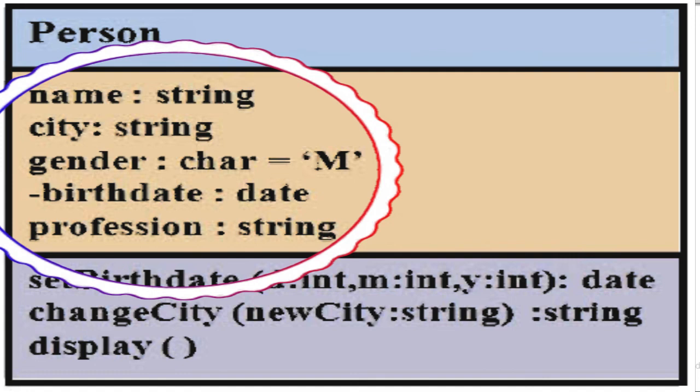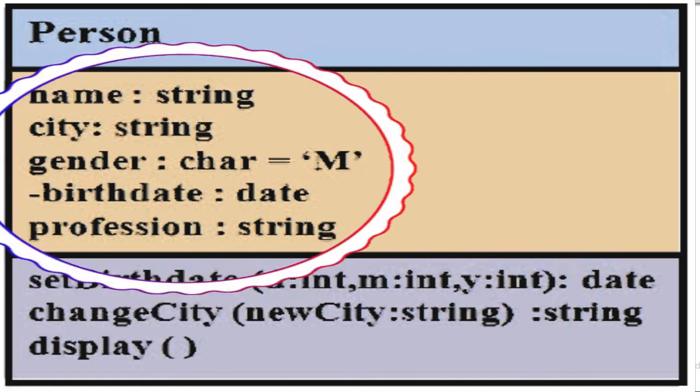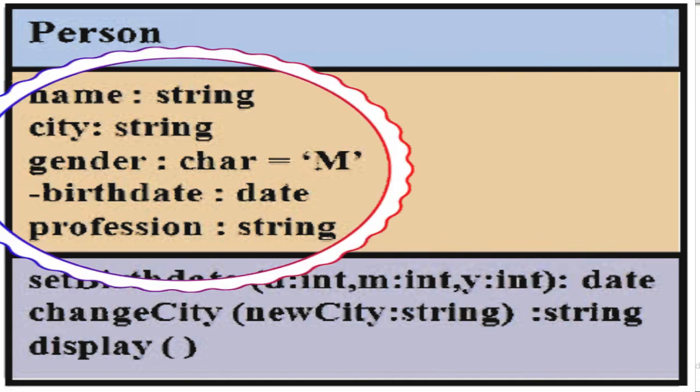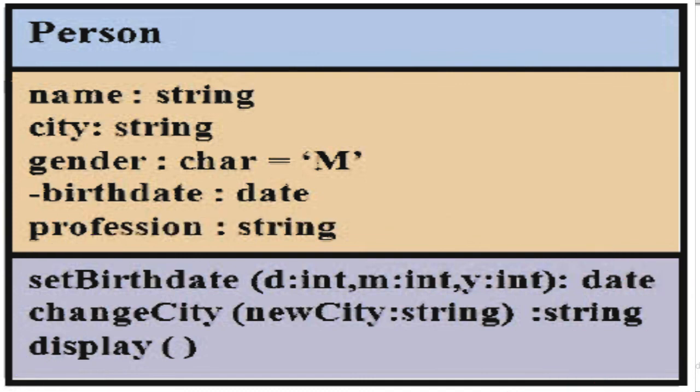Whatever attributes or properties we are assigning to that class should be after the class name. Then behavior or operations or methods of the class in the bottom section. Which methods can be operated on that class? Method means functions. So that is at the bottom level.